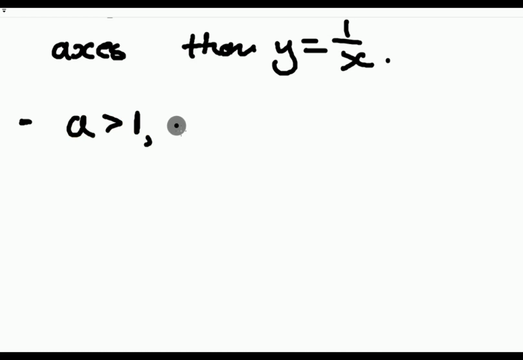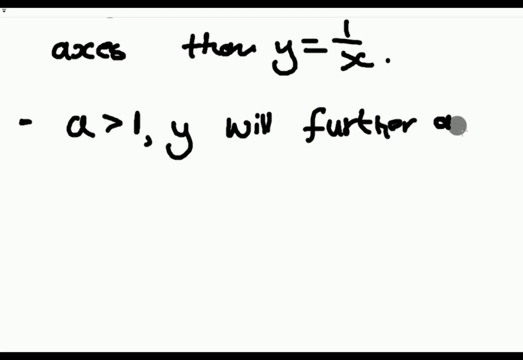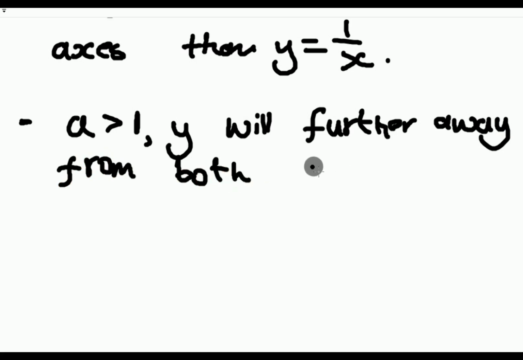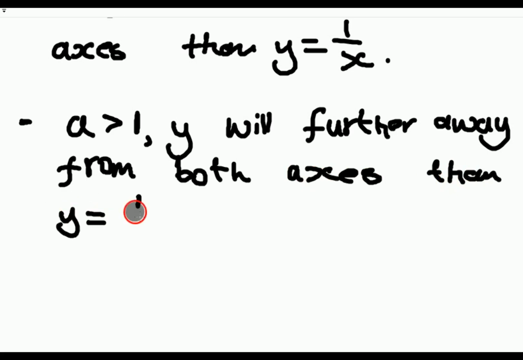Then we say that y will be further away from both axes than y is equal to 1 over x.